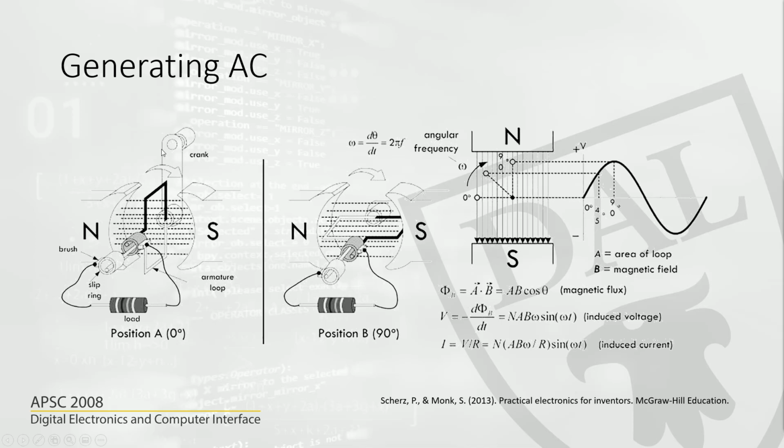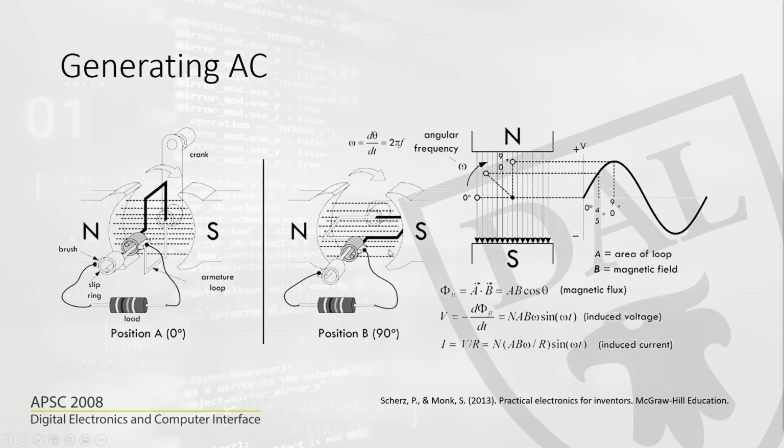So this is a simple generator. You have a magnetic field. The way voltage is induced in a circuit is when you have a conductor that moves across the magnetic field.